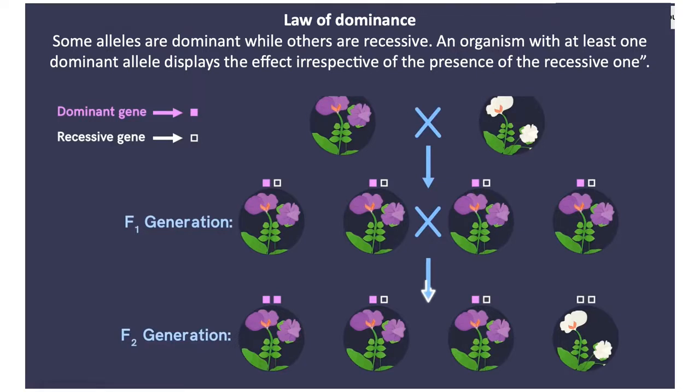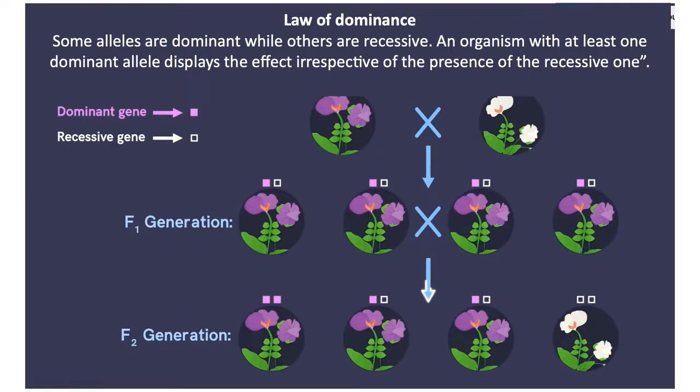As you can see on your screen, the purple color has a dominant nature, which is governed by the dominant alleles, and the white color flower is governed by the recessive genes. When we cross this kind of plant, then in the F1 generation, every plant will have a purple color flower, because remember, purple color was dominant.